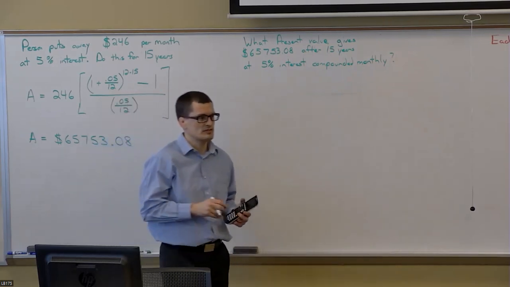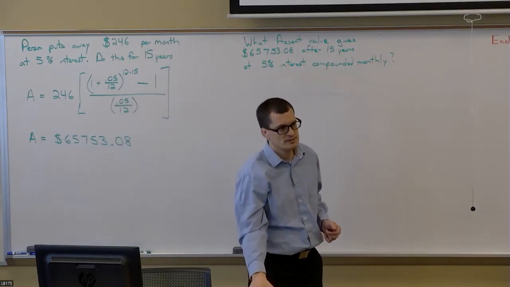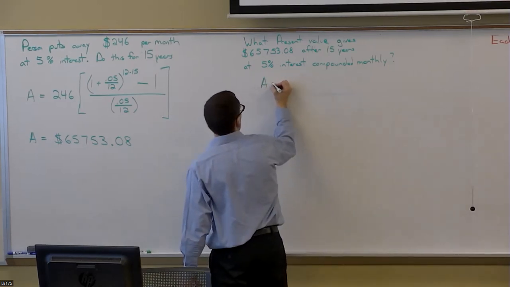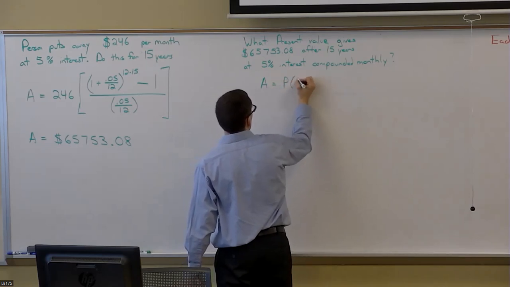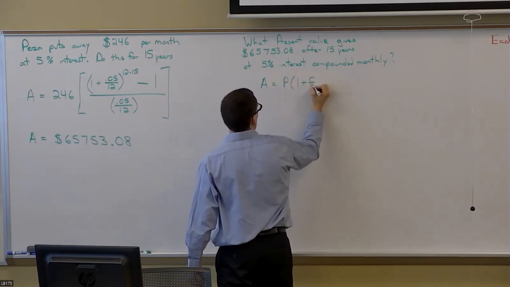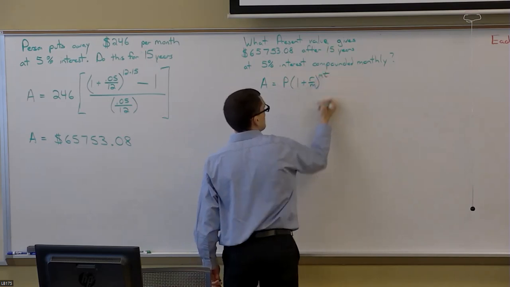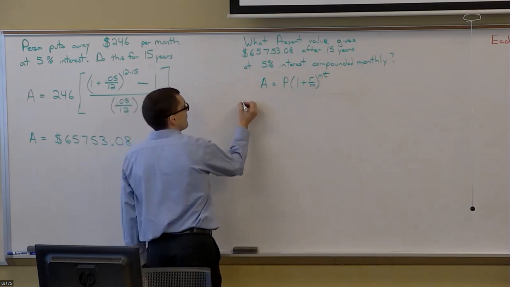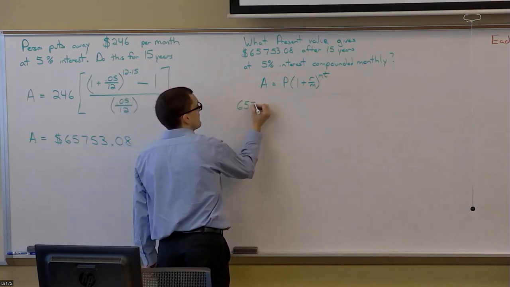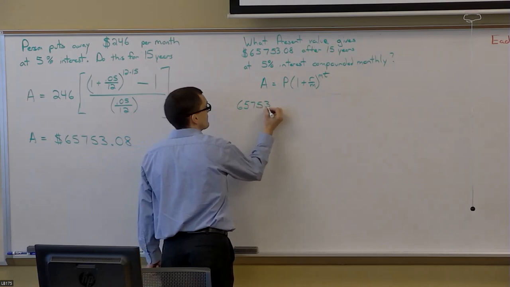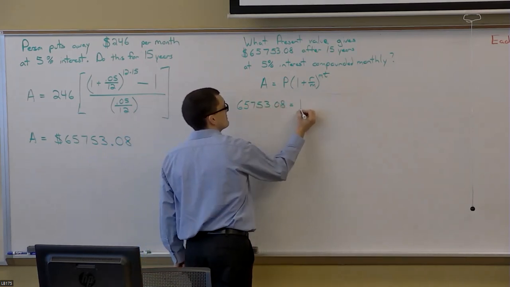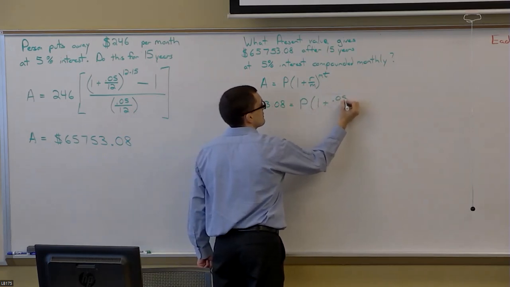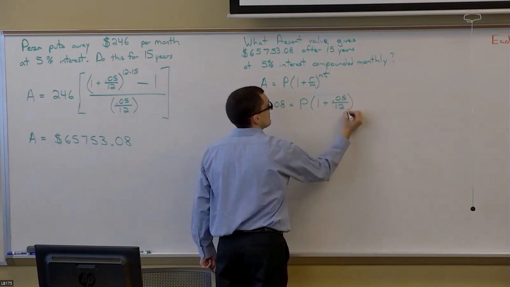All right, this was the other question that was on that slide, essentially. Well, if we set up the present value, remember our present value is set up with our lump sum equation. We're solving for P there. We're saying if I want to have $65,753.08 at 5% interest divided by 12.